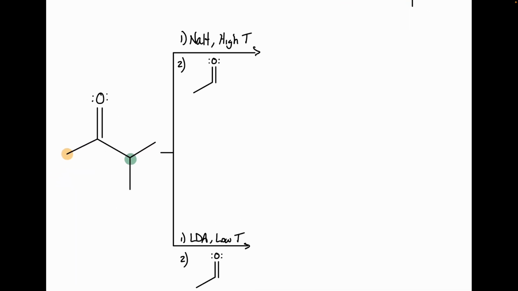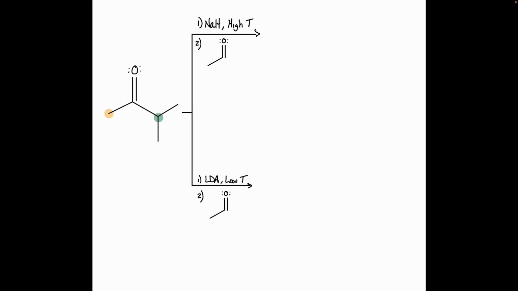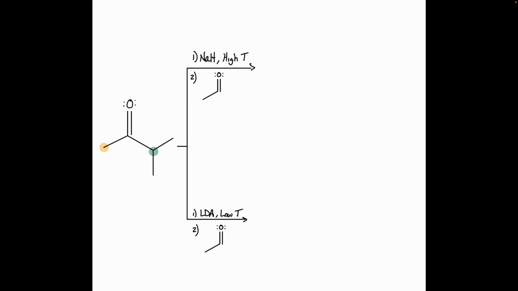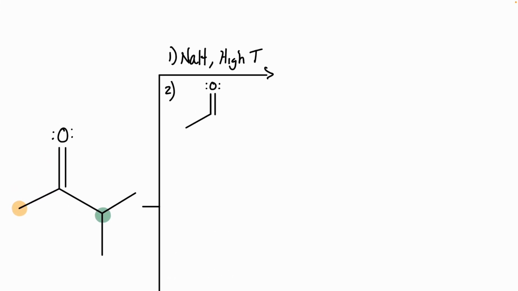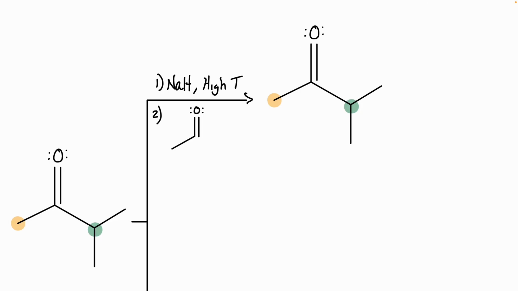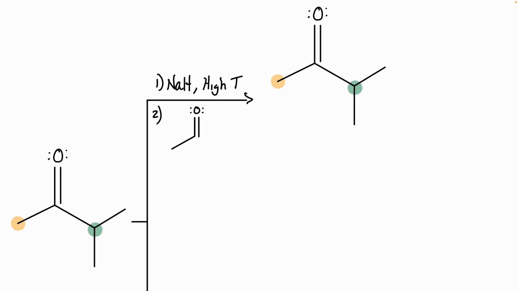All right, so let's try to do this first one together here. See if we can figure out what's going on. After that first step of sodium hydride at high temperatures, what am I going to do to my ketone? Deprotonate it, and specifically which one? The more substituted carbon, so that would be this one over here.